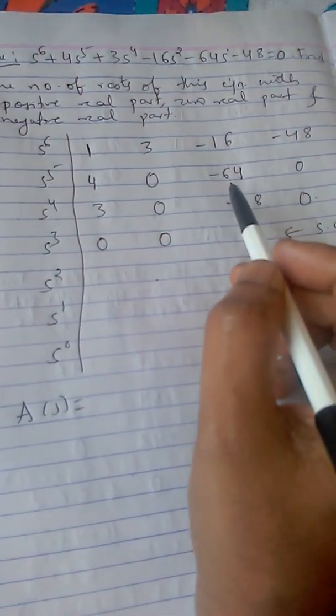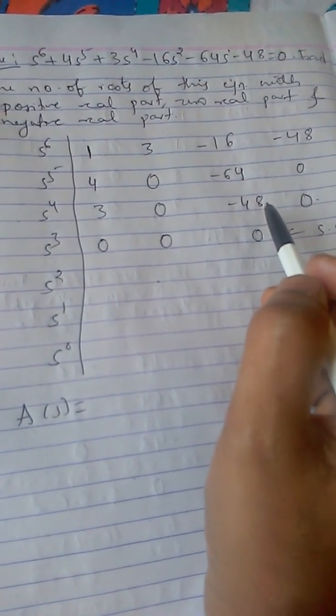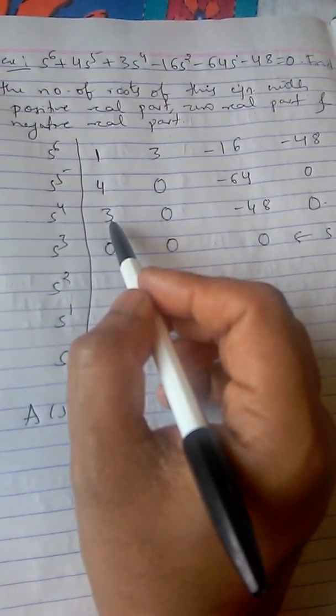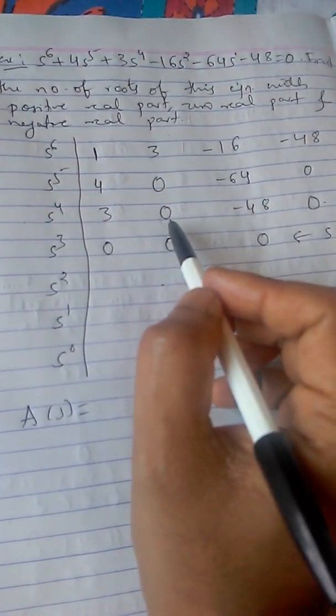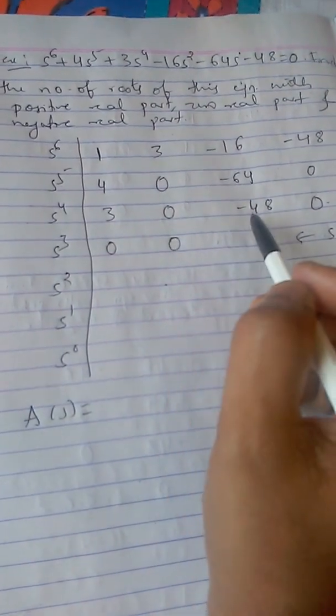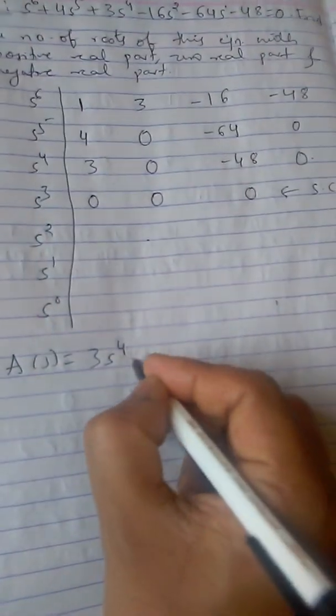This is 0, this is s term and this is s raised to 0. So I can write it as 3 s raised to 4 plus 0 s square minus 48. So 3 s raised to 4 minus 48 equal to 0.